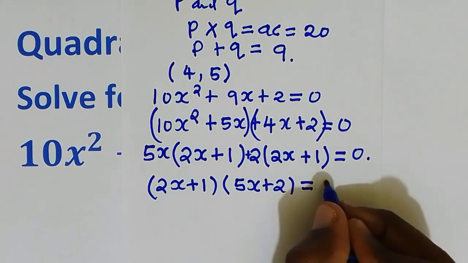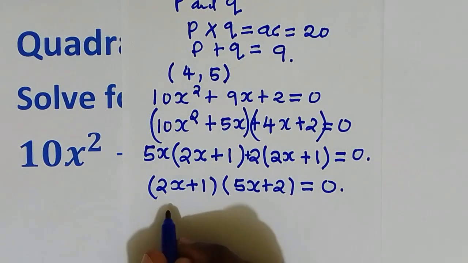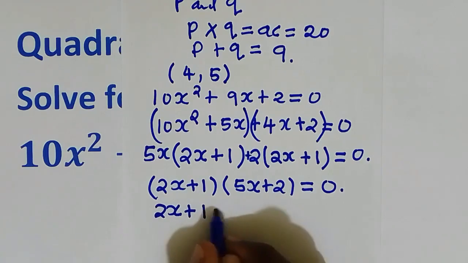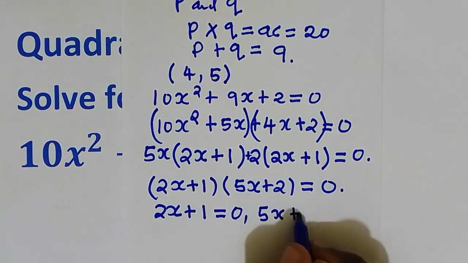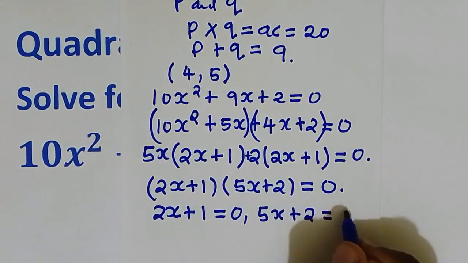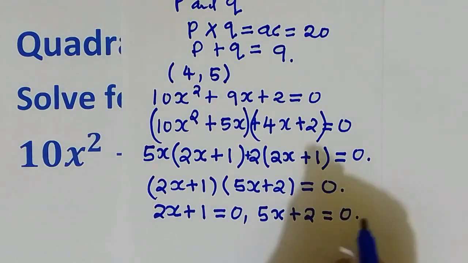This is equal to 0. Now let us solve for the values of x. 2x plus 1 is equal to 0, and 5x plus 2 is also equal to 0.